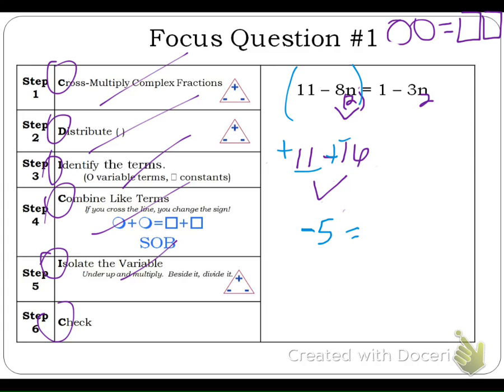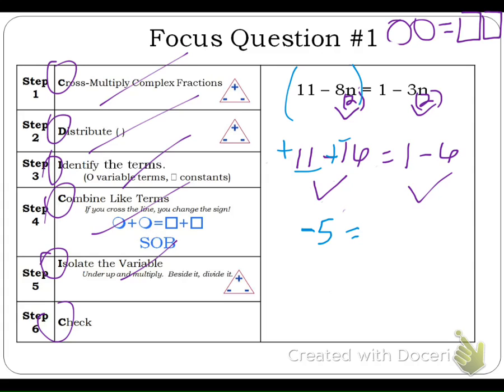On the right-hand side, you have 1 minus 3 times n, which we said n is 2. So it's really 1 minus 3 times 2. We have to do our multiplication first. So we have 1, it's a negative 3 times a positive 2 equals a negative 6. Or you can think of it as 1 minus 3 times 2. 3 times 2 is 6.